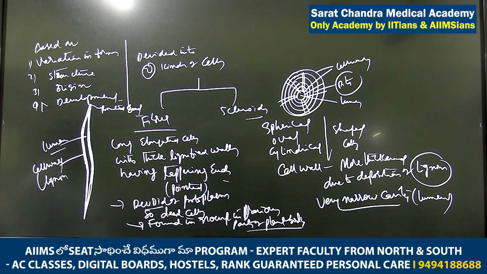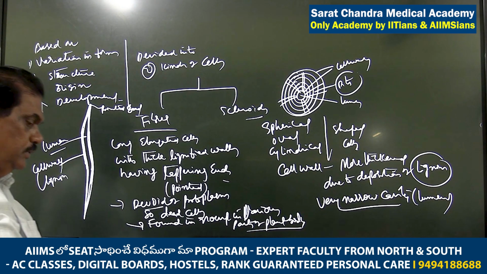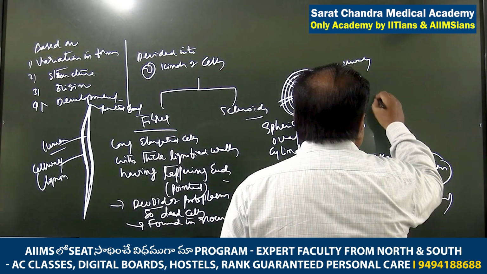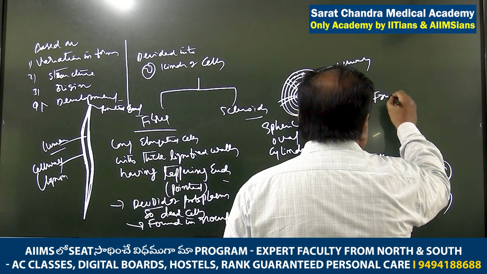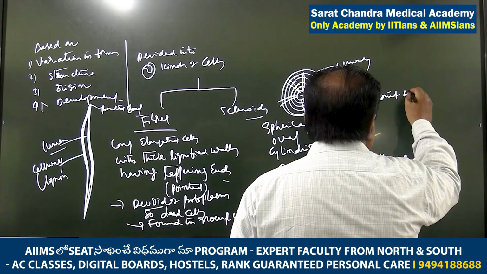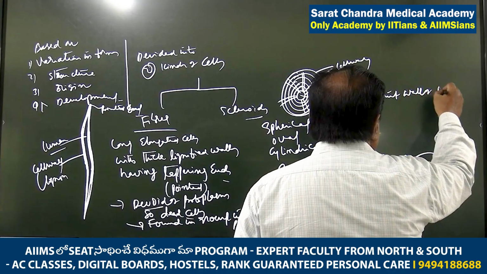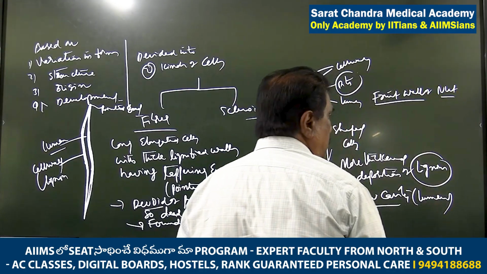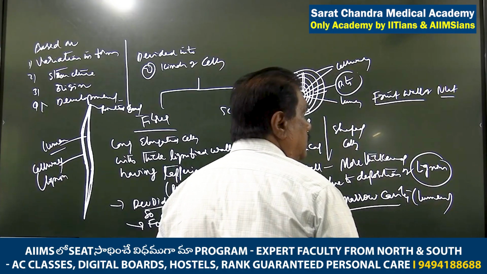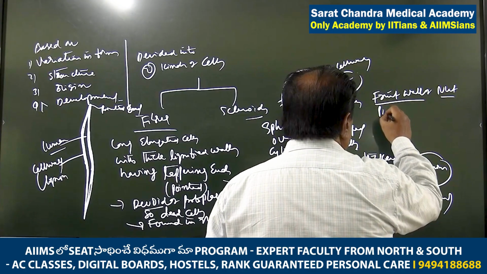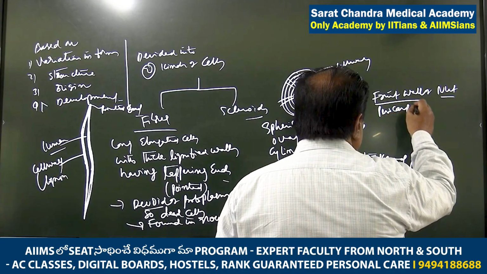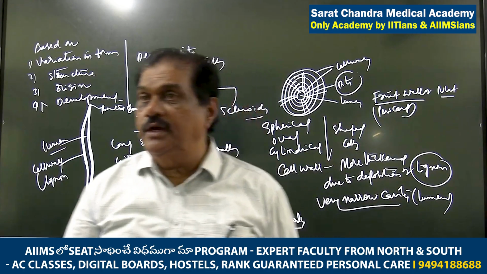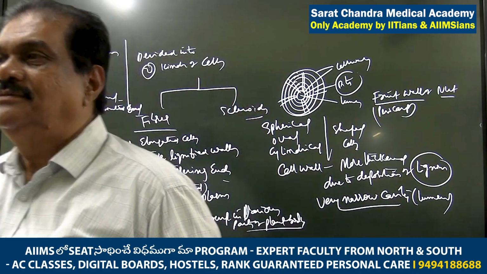Next, where are sclereids located? Sclereids are present in the fruit wall of nut. What is another name for fruit wall? Pericarp. What is a nut?